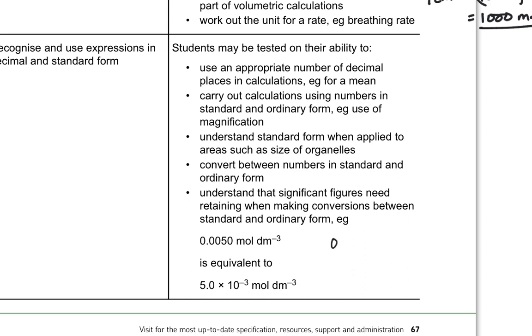So if this was like 0.034523, and I want it into, let's say, 2 significant figures, and I want it in standard form. So significant figures, as we'll get to in a bit, this 0 doesn't count, that 0 doesn't count.